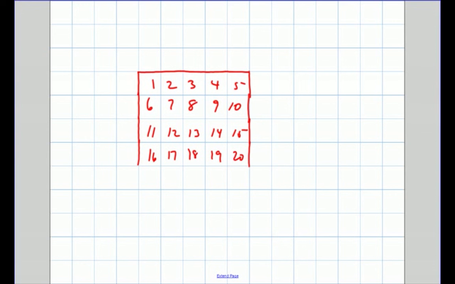You don't have to write these numbers in, it's just easier for you to see what I'm counting. So I'm going to close this up. There's my 20 apples. How many rows are there? So each friend is going to get that many apples. So I have 1, 2, 3, 4. I have 4 apples going to each friend.